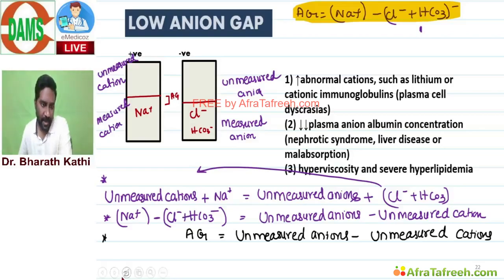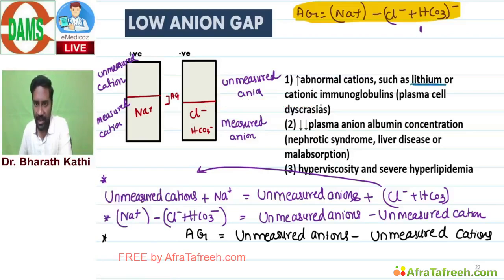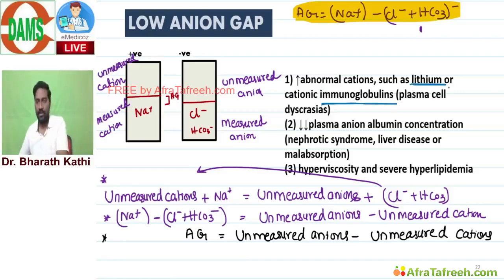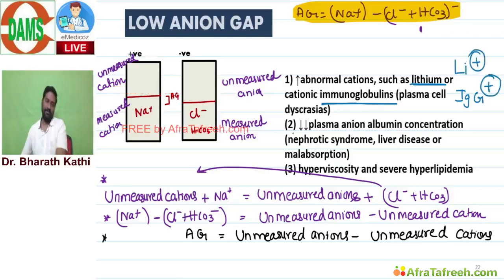First is abnormal cations in the body, such as lithium or cationic immunoglobulins. Whenever there are plasma cell dyscrasias, there will be immunoglobulins, and these immunoglobulins will have positive charge, and lithium will also have positive charge. Because of that, what happens? Unmeasured cations increase.